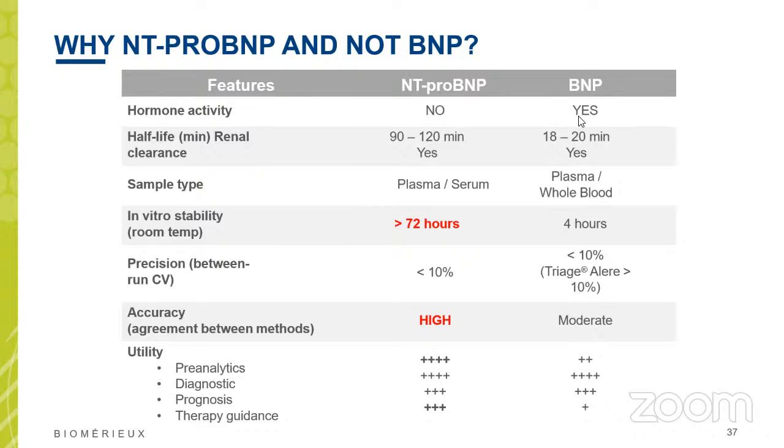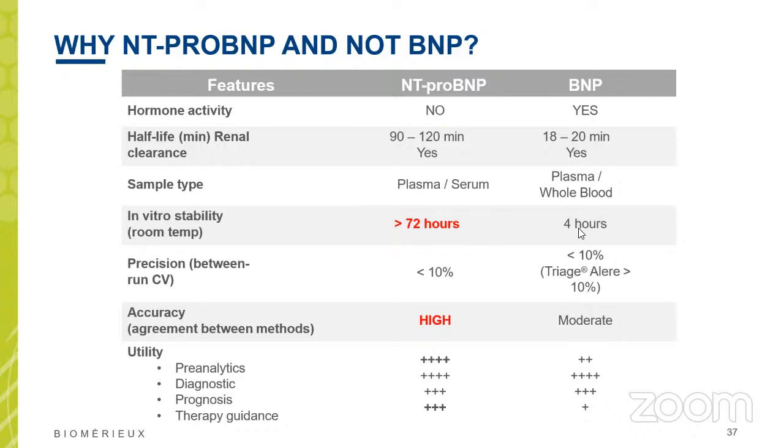So BNP, these are the differences, all right? One of the key issues that we look at for NT-proBNP versus BNP is the half-life. NT-proBNP has a longer half-life, and that's one of the reasons we use it, okay? And it's quite stable in vitro, outside of a human body, more than 72 hours.